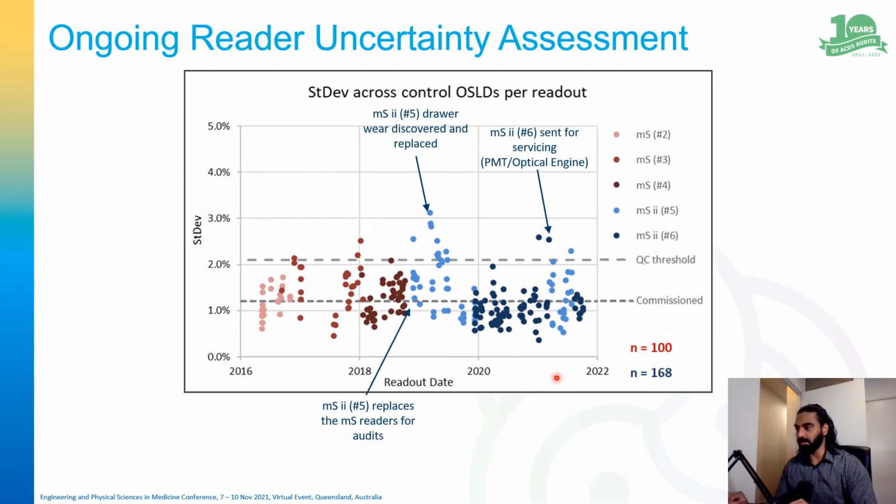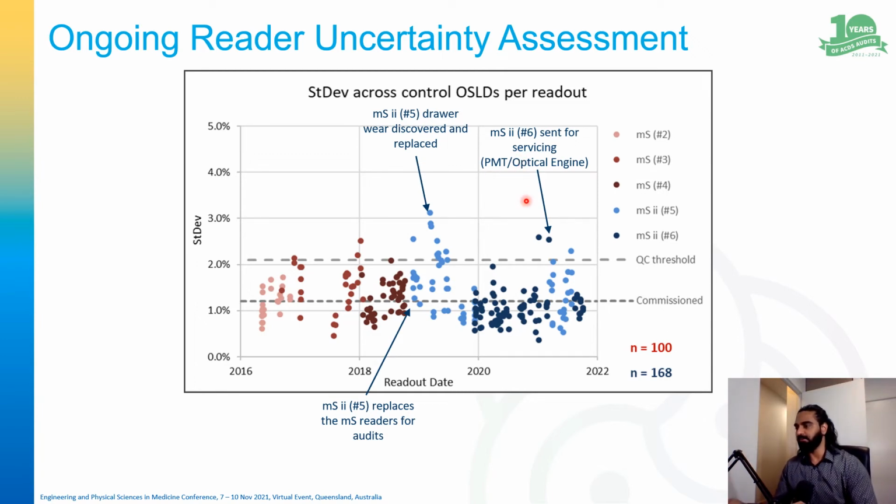in early 2021, we discovered a new error, which was causing physically larger standard deviations in our control OSLDs, and it turned out we couldn't fix this ourselves. We had to send the reader back to the US for servicing, and the problem turned out to be the actual photomultiplier tube optical engine within the reader, which of course we can't fix.